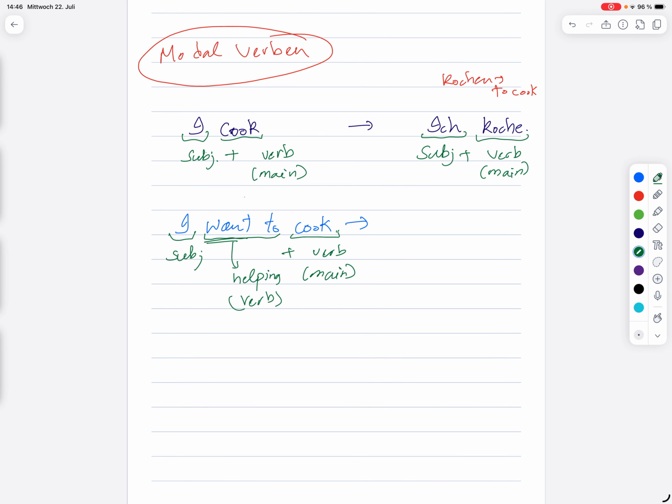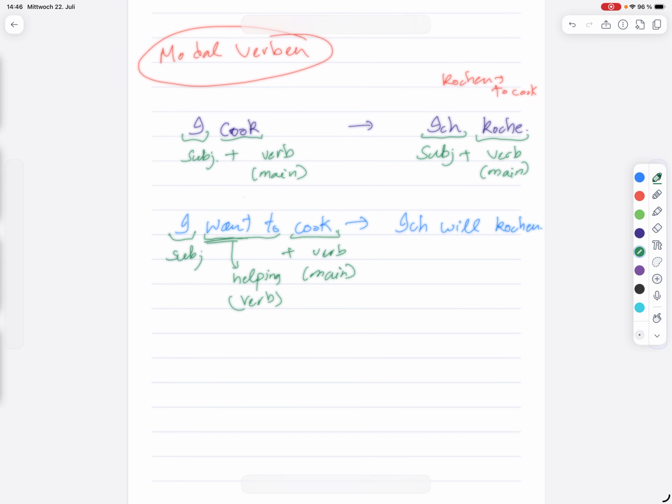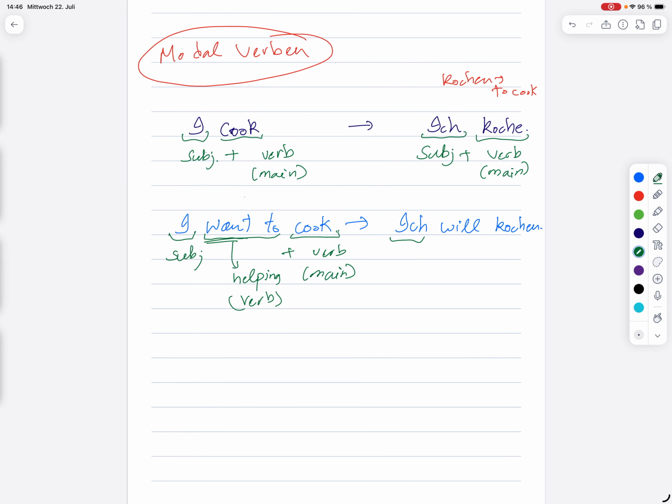So let's translate this into German: ich will kochen. In a similar way, look at the structure. We have the subject ich, and then the main verb, and along with that we have will, which is a modal verb.